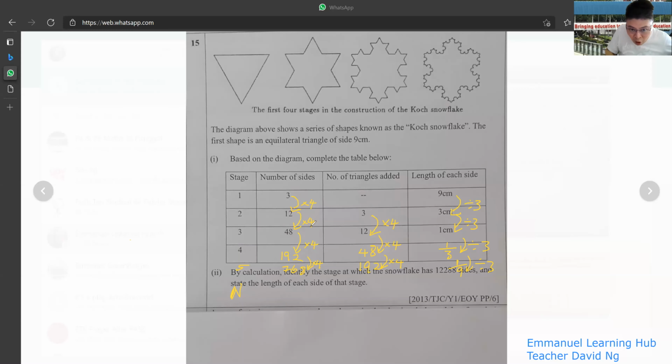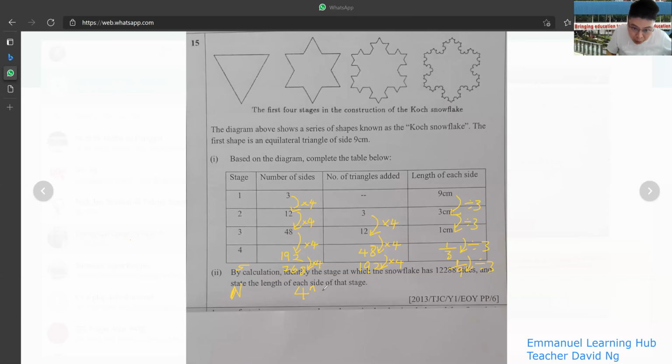Because each one is times 4, it'll be 4 to the power of n. Let's see, 4 to the power of n, does it carry water? It doesn't carry water, because if n is 1, 4 to the power of 1 is 4. So minus 1.